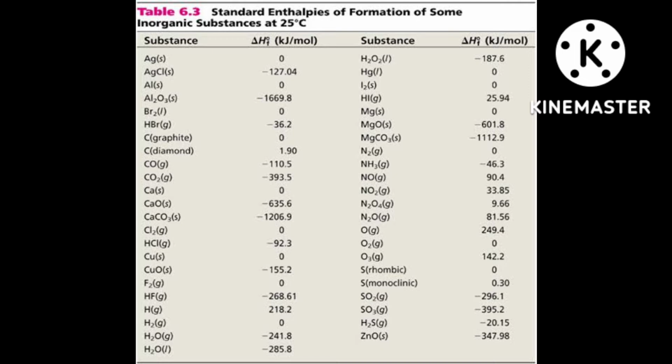That's why it is important to mention the physical state. So bromine liquid is 0, graphite carbon is 0, chlorine gas is 0, and hydrogen gas is also 0, meaning delta H is 0.